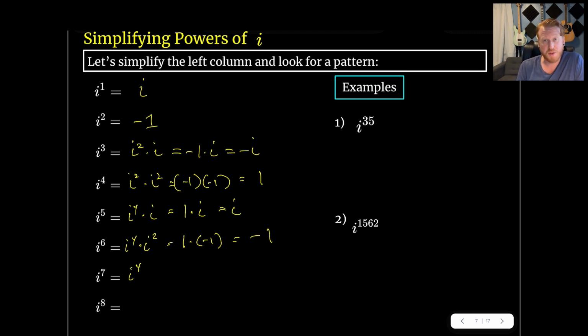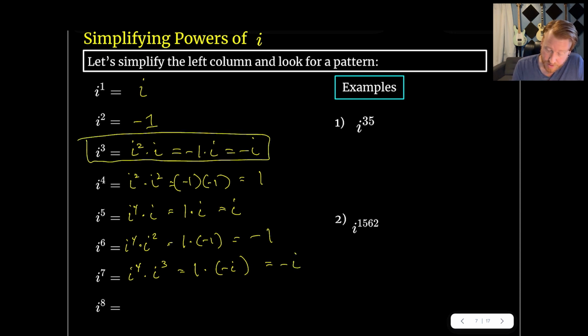In fact, we're trying to find i to the 4th to turn them into just 1. When you multiply something by 1, nothing changes. What is left is an i cubed. 4 and 3 would give us 7 in those exponents. We know that i to the 4th is just 1, and we know that i cubed is -i. And 1 times -i is just -i. And like we saw up here, we are continuing our pattern.